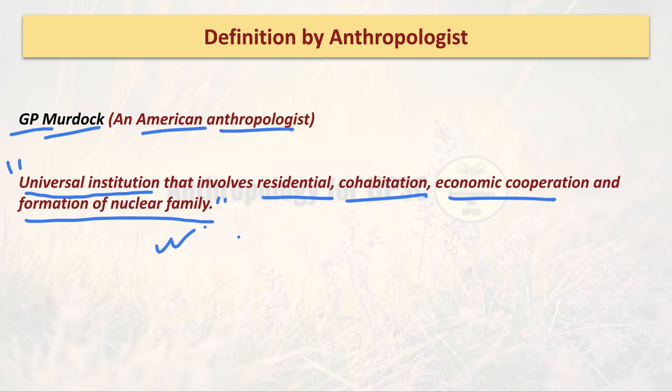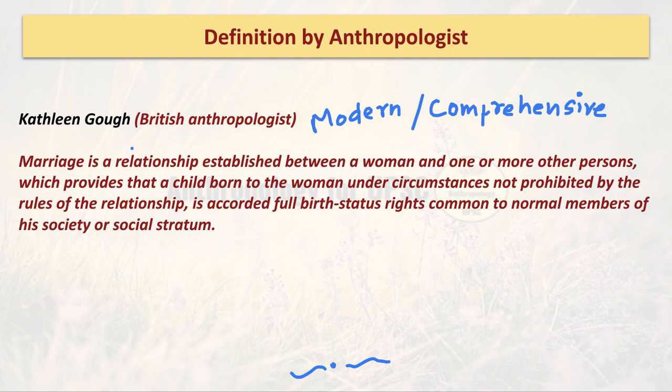Moving to the next, there's another anthropologist called Kathleen Gough. She is a very famous British anthropologist, and she has given a very modern and comprehensive definition of marriage.